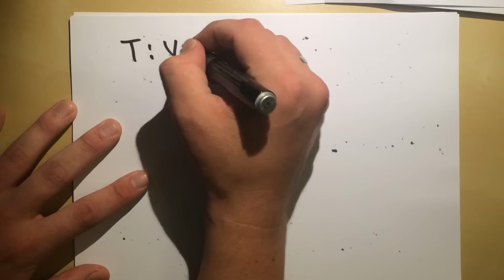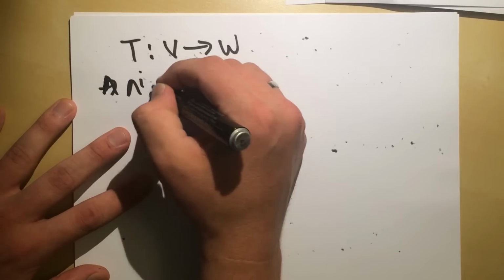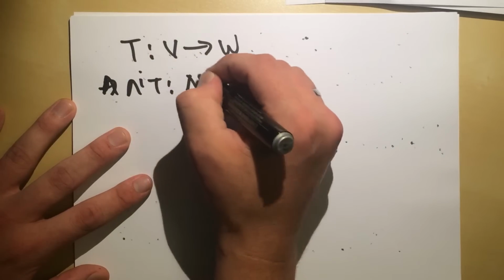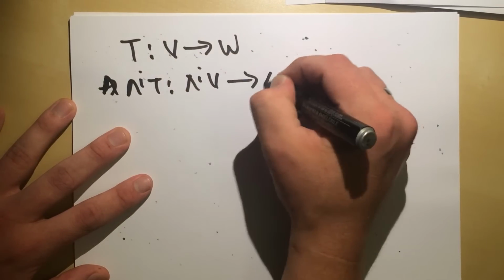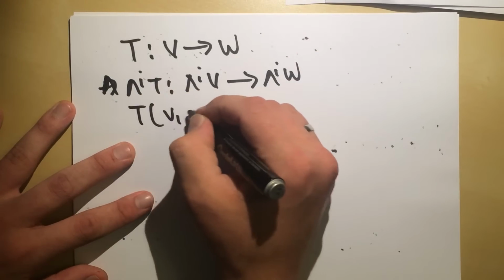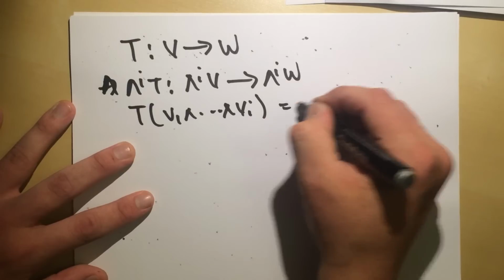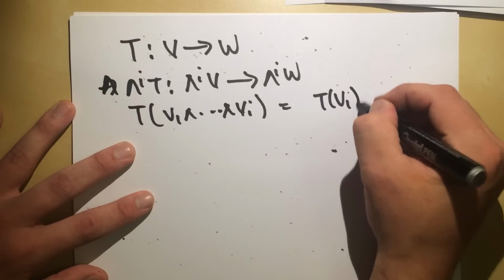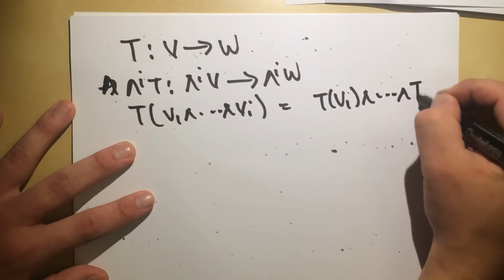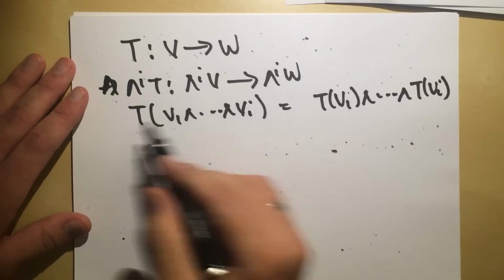If you have a map from V to W, then you can take some power of it, from wedge I of V to wedge I of W, and you have these wedges v1 through vI.